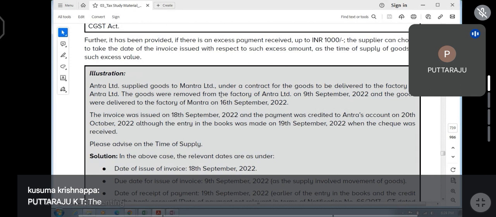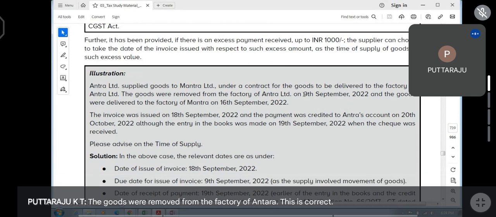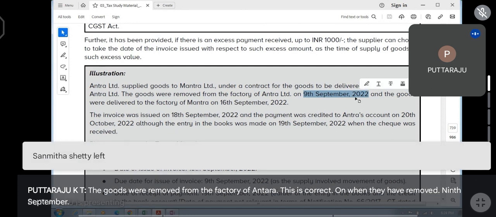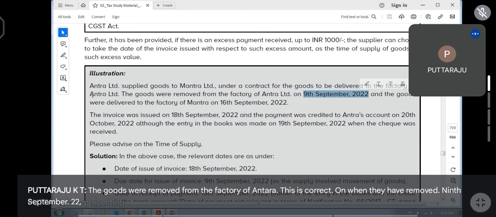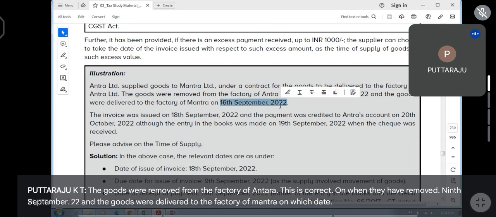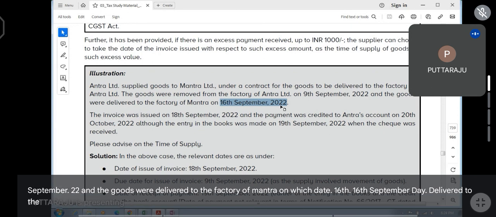The goods were removed from the factory of Antra on 9th September 2022. And the goods were delivered to the factory of Mantra on 16th September.